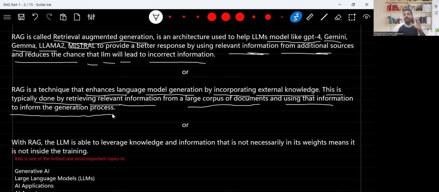That means RAG brings information from external sources, storage devices and databases, and supplies that external information to large language models, so that the model gives its response with the help of external knowledge. This is another definition of RAG.